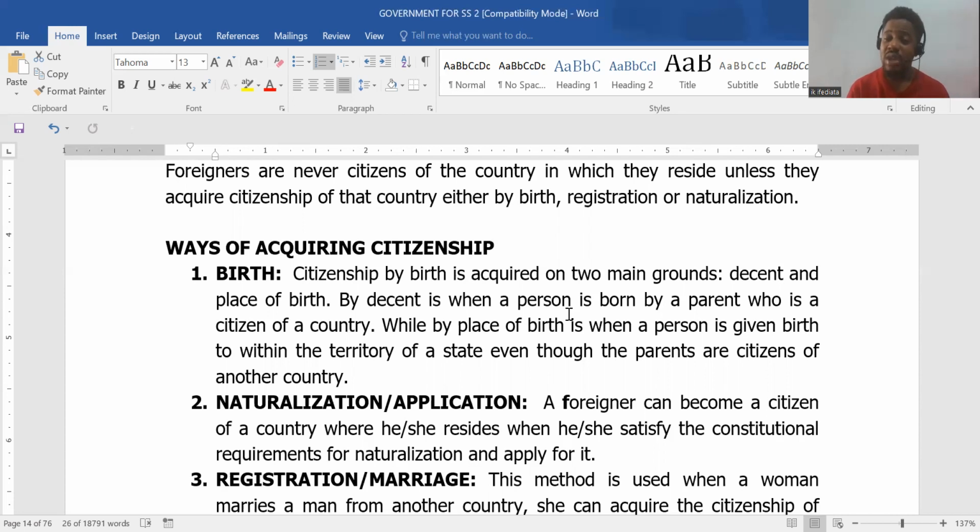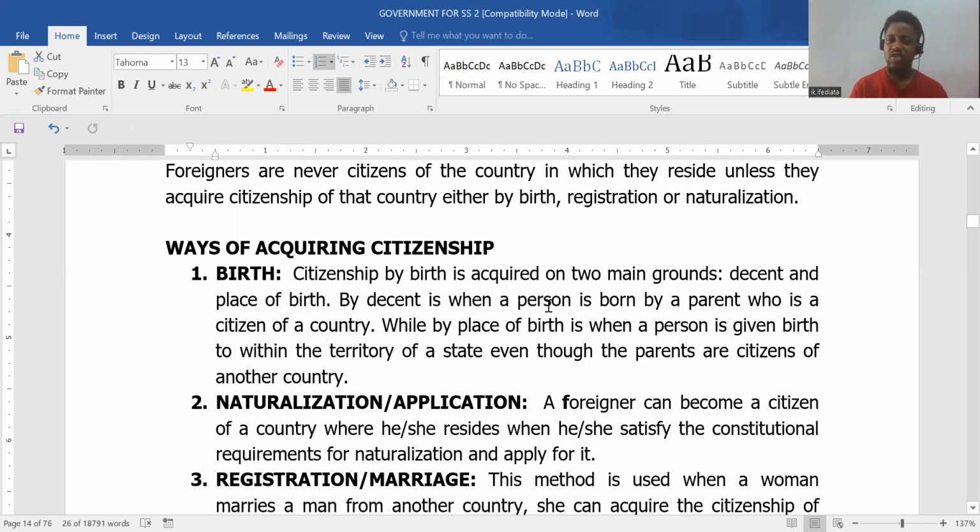But if you are born in a state in California and they allow citizenship by birth, you can become a Californian, that means you hold the United States passport because you are born in California and you're also a Nigerian by descent. Do you get the point now?